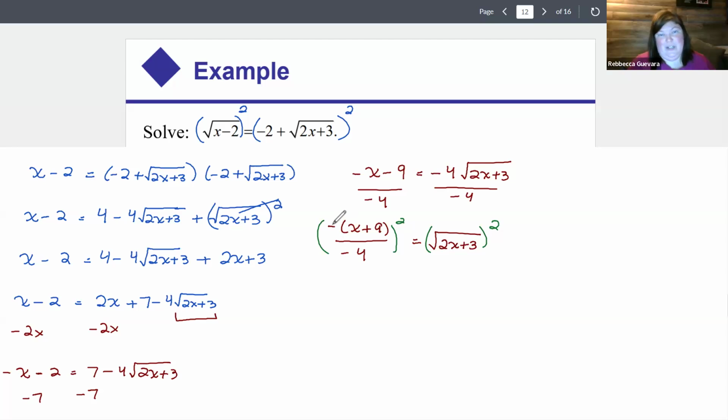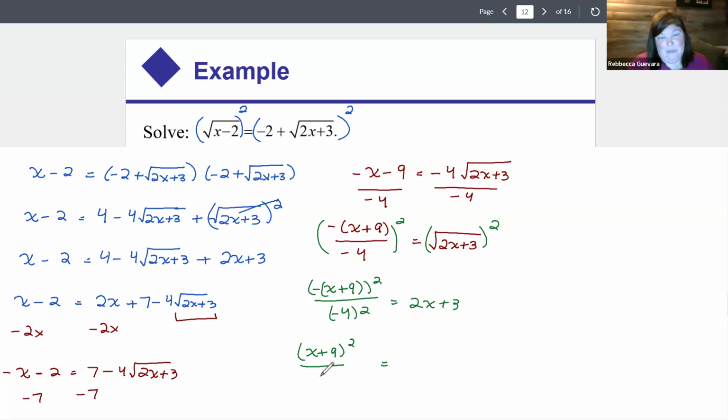So just as a reminder, we're squaring a negative here and a negative here. So this is going to be negative x plus 9, squared, over negative 4 squared, is equal to 2x plus 3. So what we get left with is x plus 9 squared, because like I said, that gets rid of that negative essentially.